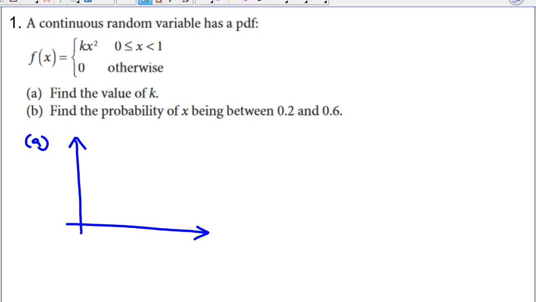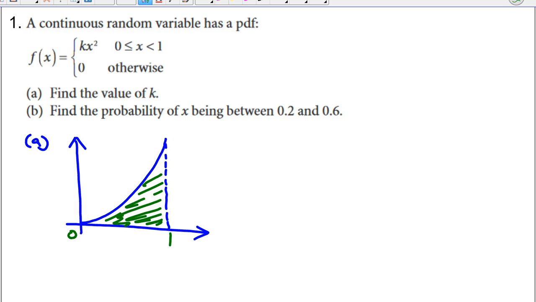This is basically a quadratic function, something like that, between 0 and 1, so it stops there. What you're saying here is that the area under the curve gives us probabilities, that's between 0 and 1. And we know that the area under the curve is equal to 1.